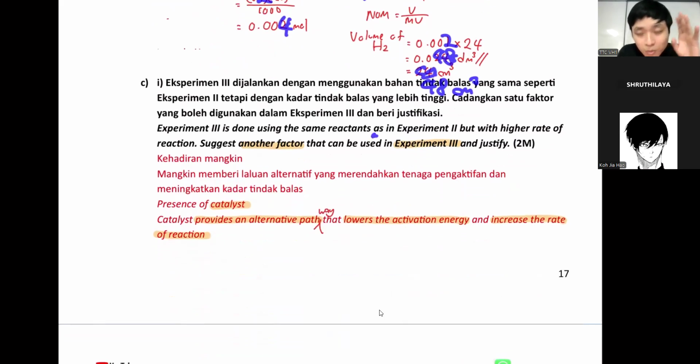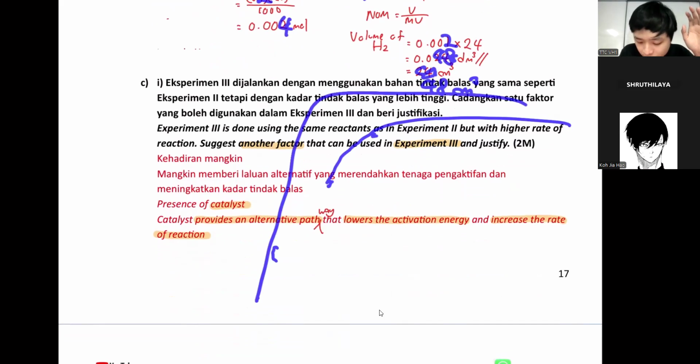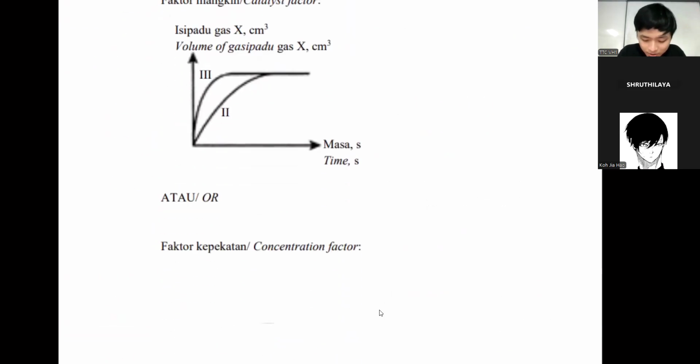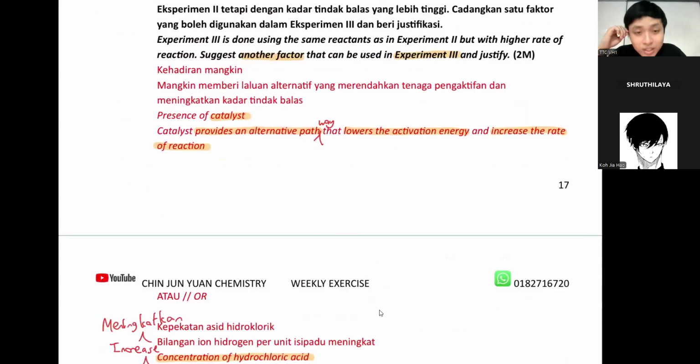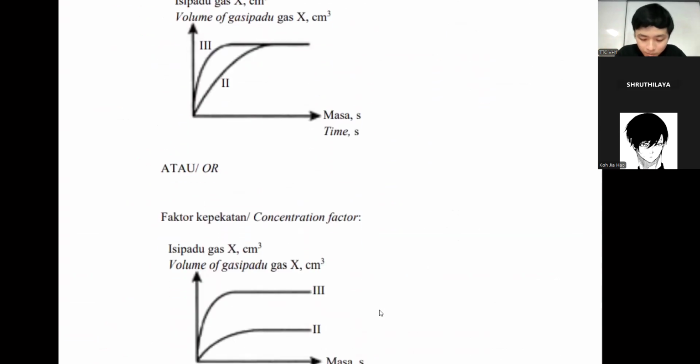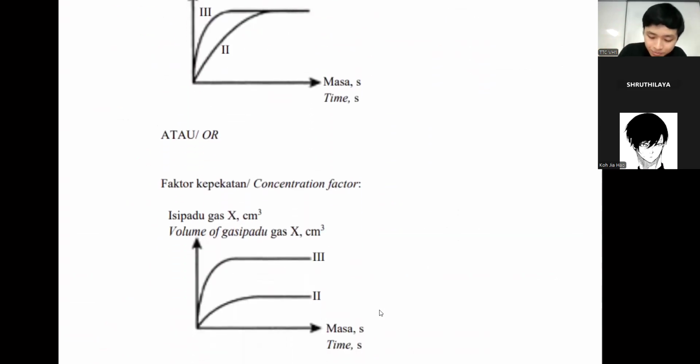So the third experiment will be ending higher. Then it will look something like this. It depends on what you wrote in C1. So for C2, you will get a different height. If you adjust concentration, then your number of moles will be affected, and the volume of gas is also affected, so the ending will be different.